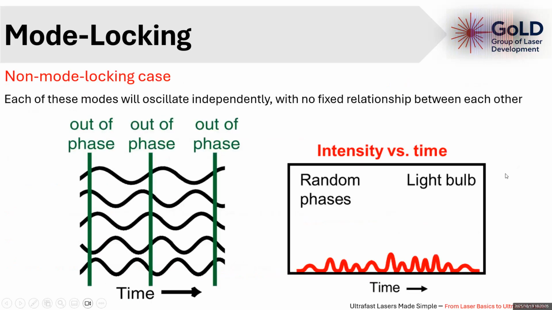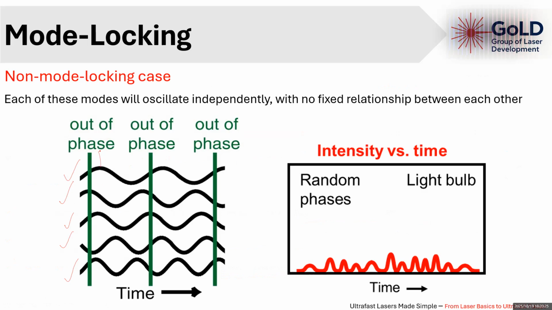What you see here now is a non-mode locking case. So in the non-mode locking case, you see these different waves here, and they are out of phase from each other.